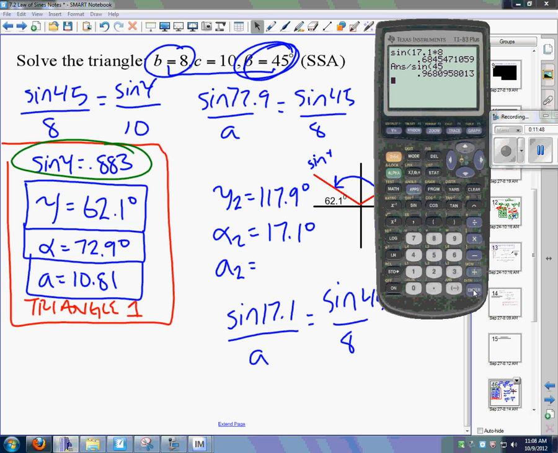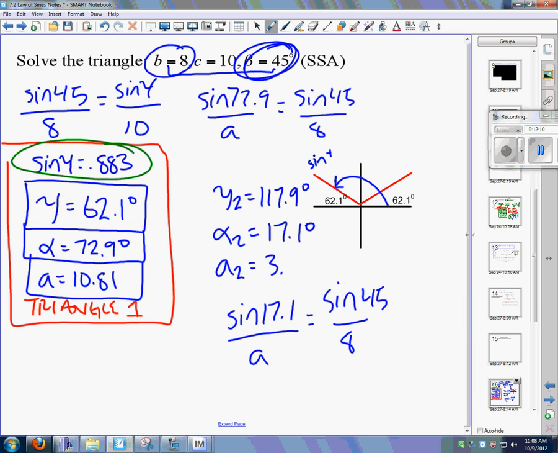So you can see I did not close my parentheses up here, but I knew something was wrong because you're not going to have a goofy answer like that. So I can fix that. Sine of 17.1, close that up, multiply it by 8, divide it by sine of 45. Okay, 3.23.